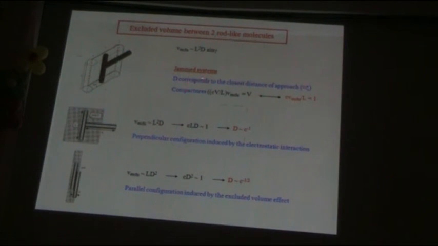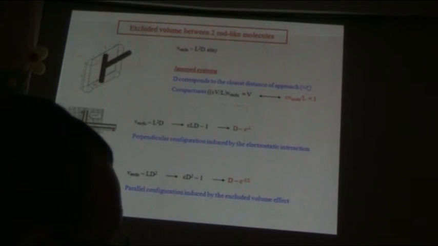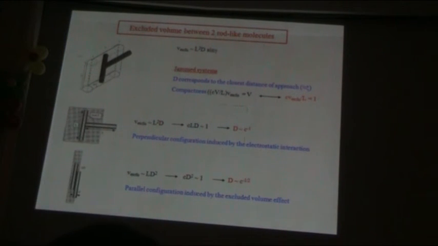But here, the diameter corresponds to the closest distance of approach, so it corresponds to C. And the compactness imposes this relationship on this one. So if you have this geometry here, you have this closest distance of approach, which is inversely proportional to C. And when you consider this, you have something which is proportional to the inverse of the square root.